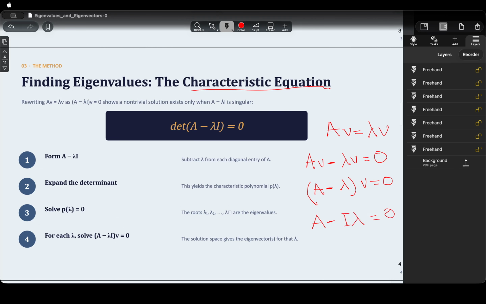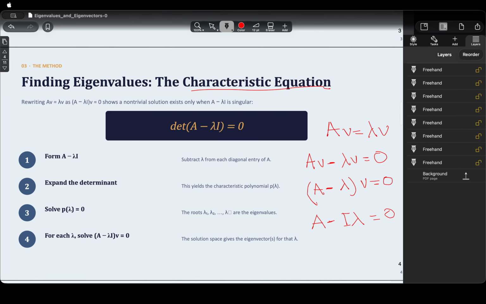This solution only exists when A minus lambda I is singular. And if it's singular, from our previous lesson, it means the determinant should be equal to 0.